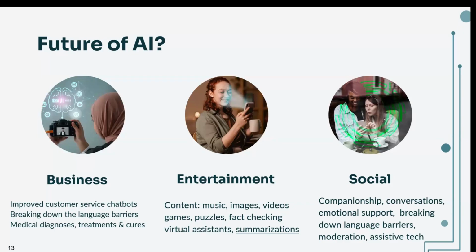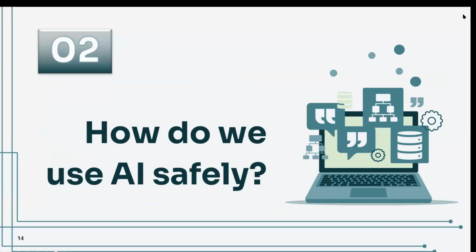AI is really going to change that, because we are social creatures and we do need that companionship for our mental health. So again, socially, we're breaking down language barriers and getting assistive tech to help us solve day-to-day problems. But it's going to be very interesting to see how AI helps with that social companionship part as we move forward. So let's get to part two.